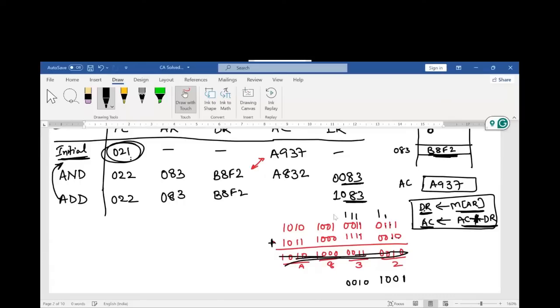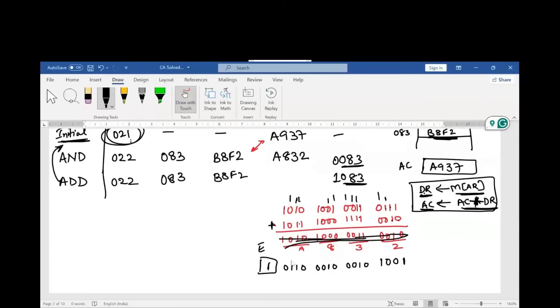Here 0, 1 carry. 1 plus 1, 0 here, 1 carry. 1, 0, 0, 0, again 0 and 1 carry. 1 plus 1, 0 here, 1 carry. 1, 1, 1, 1 plus 1, 0 and 1 carry. This carry is stored in the extended flip-flop E. Okay, and my AC will have these 12 bits.